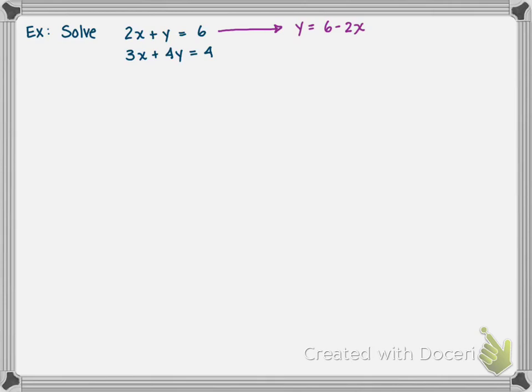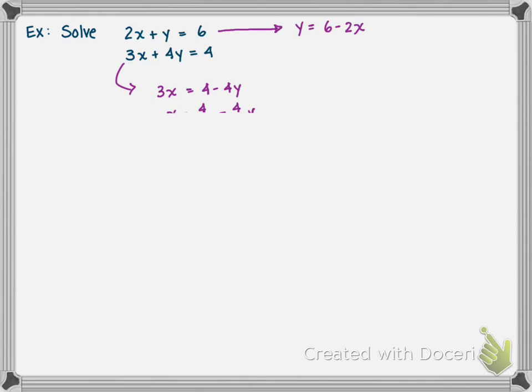If I looked at that second equation and decided to solve it for x, I would have to go 3x equals 4 minus 4y and end up with x equals 4/3 minus 4/3 y, and that seems like kind of a pain to substitute back into another equation.